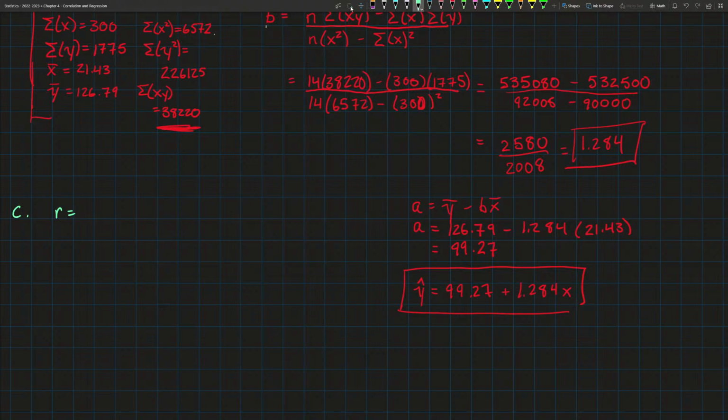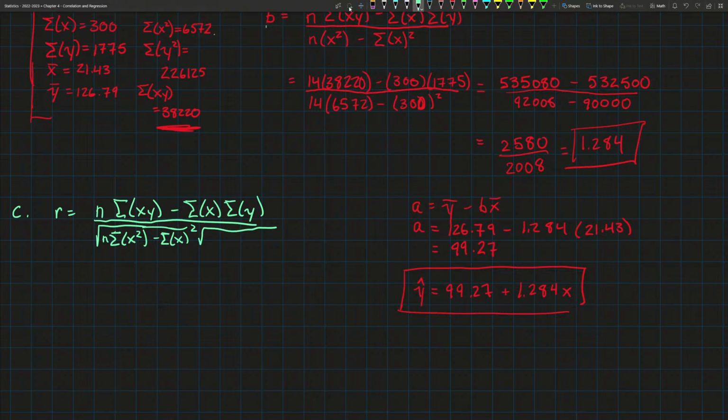And R looks a little bit like B. It's the same top part. So this is going to be N times the sum of xy minus the sum of x times the sum of y, all over the square root of n times the sum of x squared minus the sum of x, squared, and then times the similar looking thing for y.